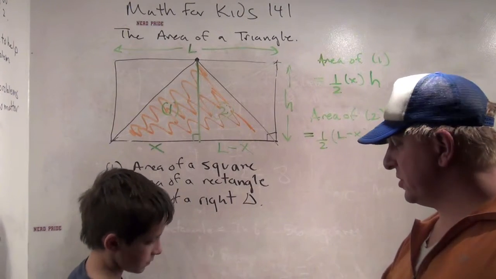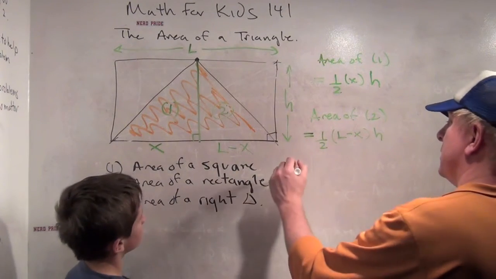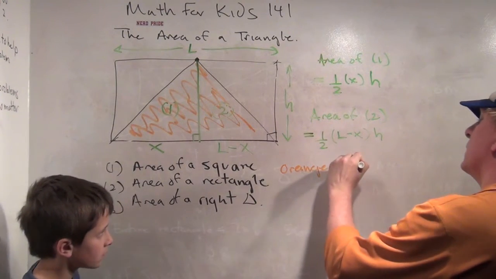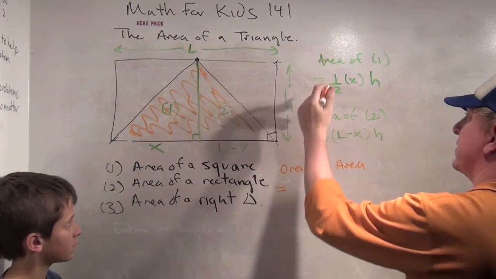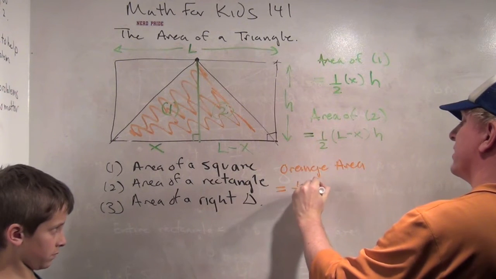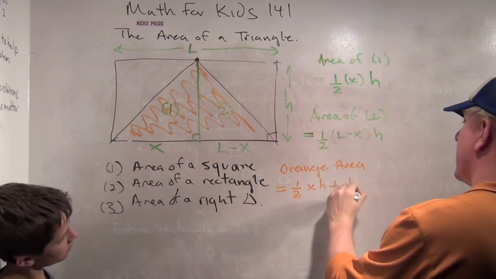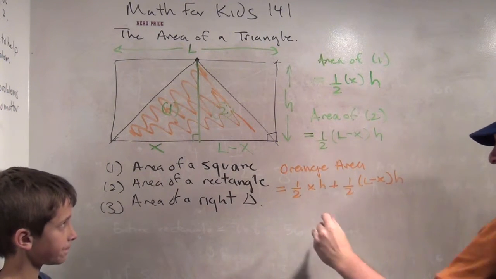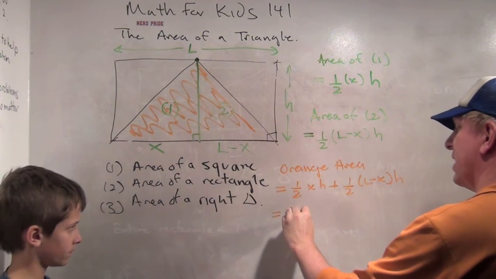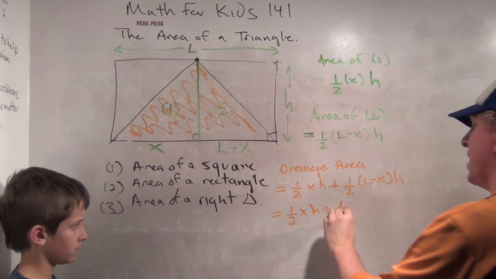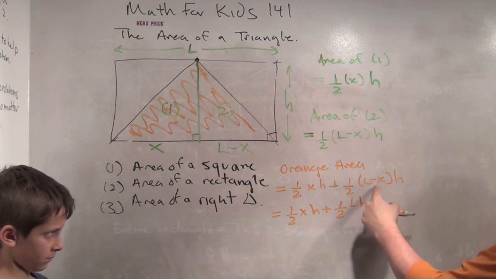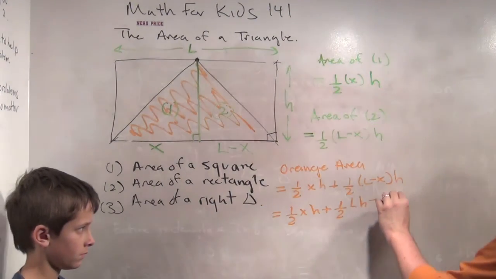So the orange area equals this area, 1/2 xh plus 1/2 L minus x times h. Okay? And this is 1/2 xh plus 1/2 times LH, multiplying L times h. And now I have minus 1/2 xh.